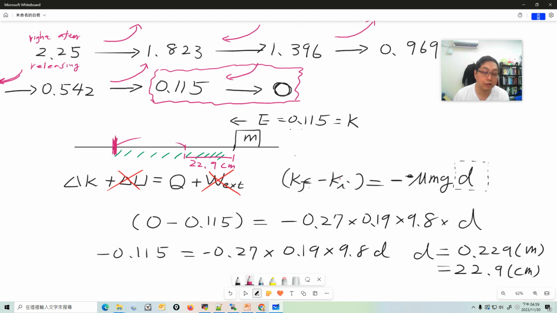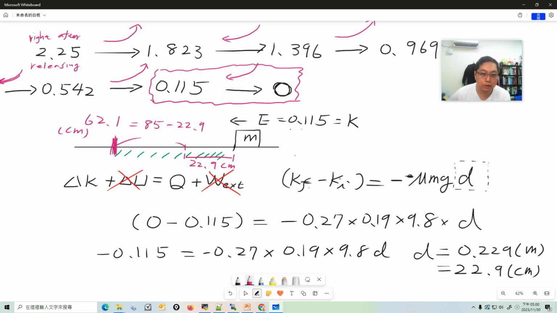This is what the problem is asking for. The total distance is 85, so minus 22.9. The answer is 62.1, and the unit is centimeter. So this is the answer, 62.1 centimeter.